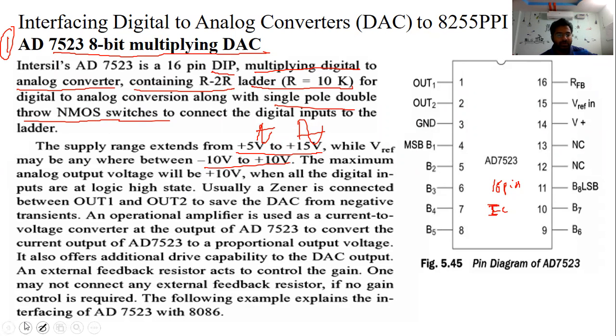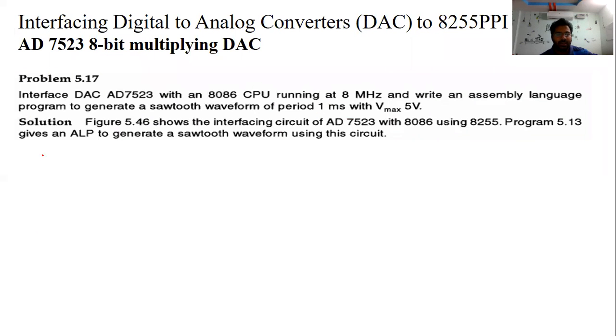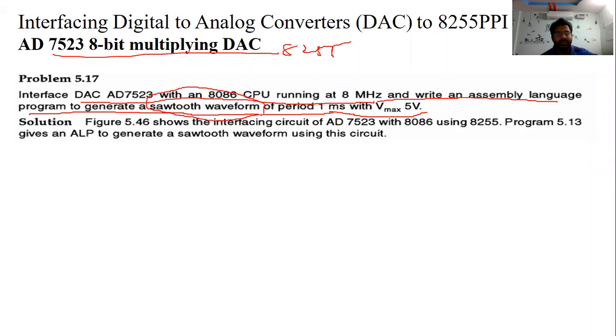Now see how we can interface this to the 8255. Interface a DAC with an 8086 running at 8 megahertz and write an assembly language program to generate a sawtooth waveform of 1 millisecond. You should see this sawtooth waveform here. They can specifically ask which type of output they will get. But in the previous classes there was no option.